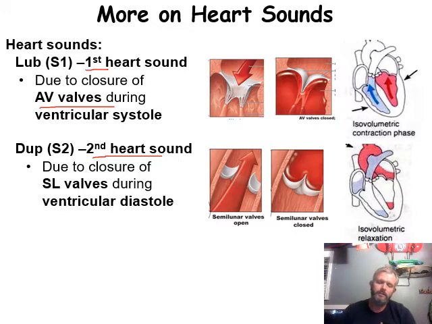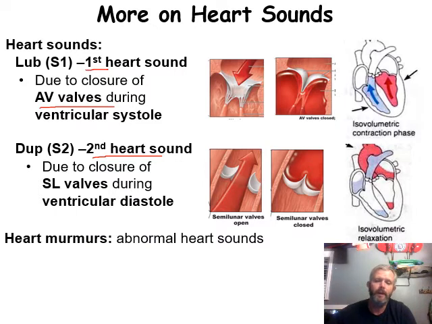So when the doctor listens with a stethoscope, lub dub, lub dub, that's what he's hearing, those valves snapping shut. What happens if the valves don't completely shut? You can get what's called a heart murmur, like a whooshing sound, because some blood is being allowed to backflow a little bit.